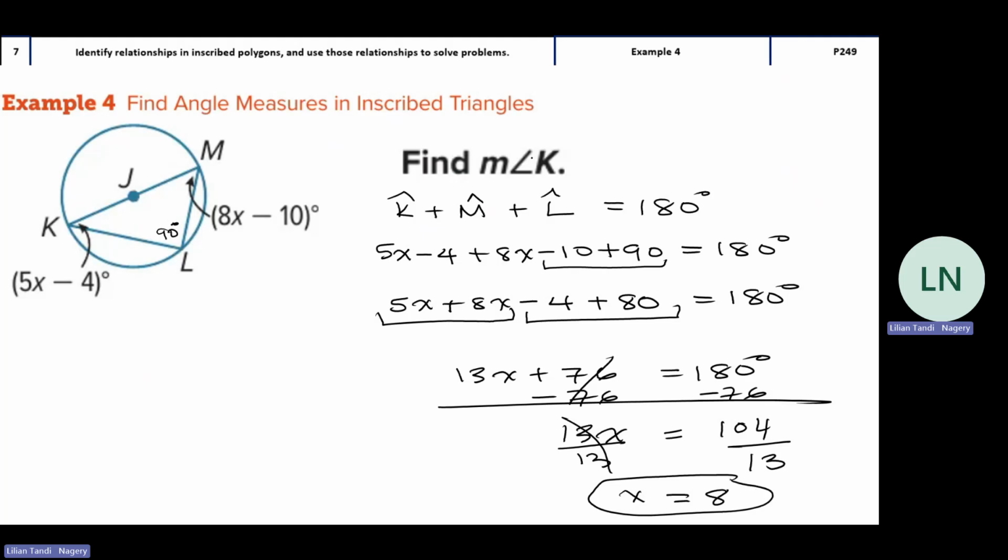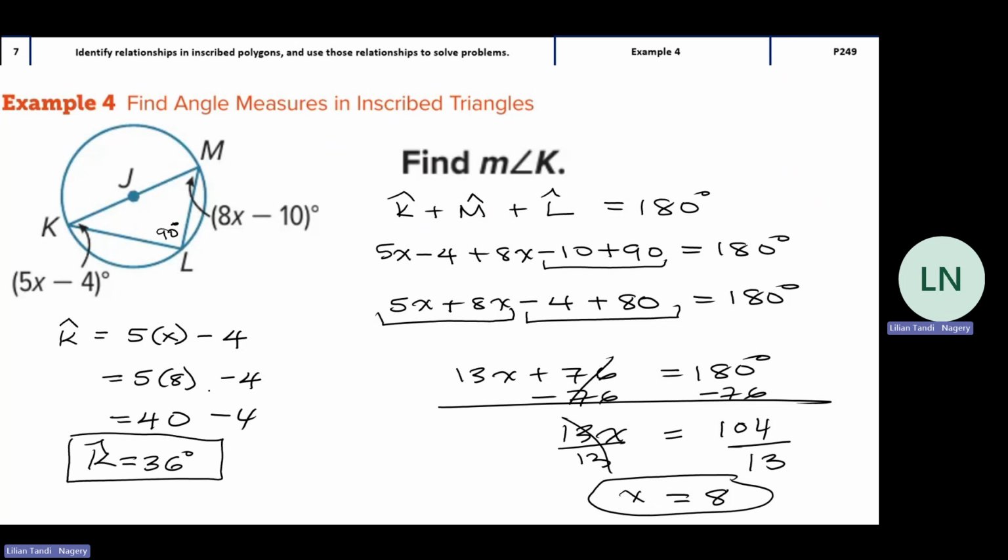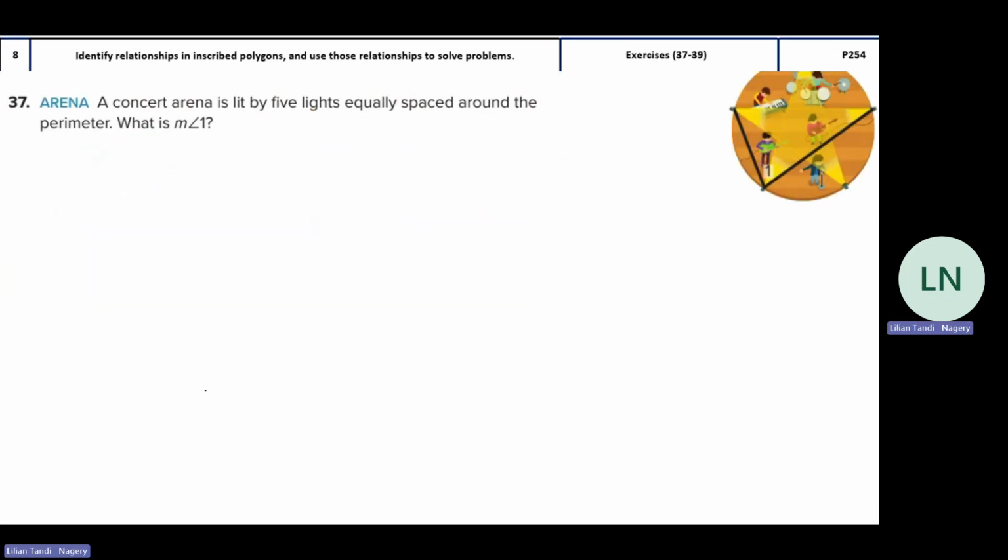I want angle K. Angle K equals 5 times (x minus 4). 5 multiplied by 8 minus 4. 40 minus 4, giving us 36 degrees. And you box your answer.